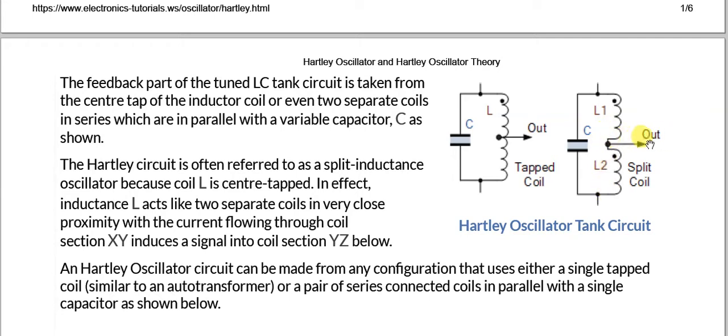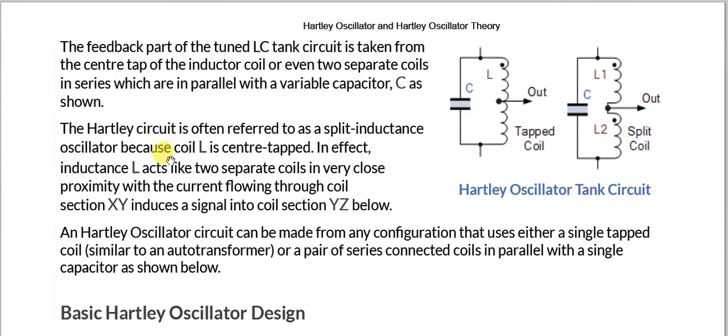So again it splits the inductor, the total L, into two, L1 and L2. So we can have a choice to utilize two inductors from the same one inductor, but of half the inductance obviously. So the Hartley oscillator is also referred to as the split inductance oscillator because L is center tapped.